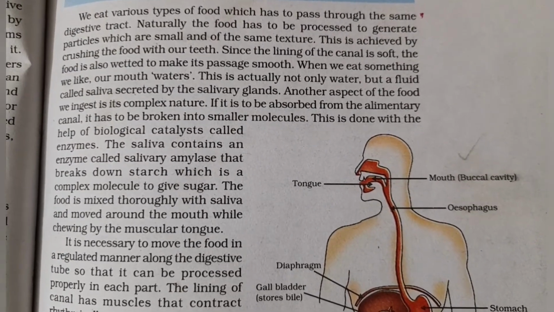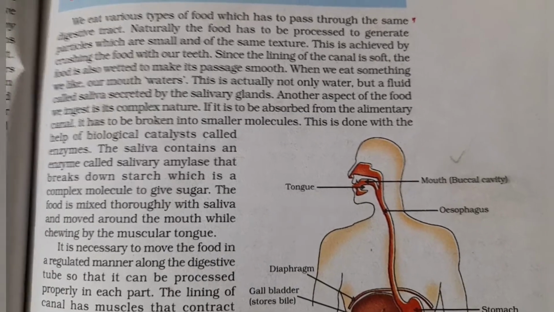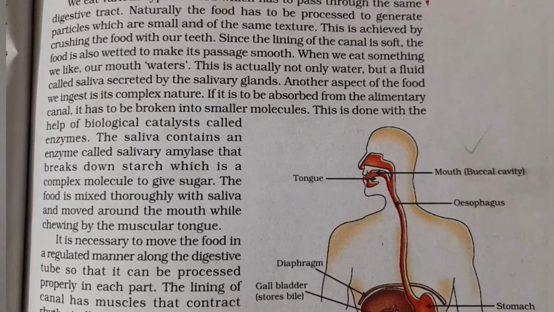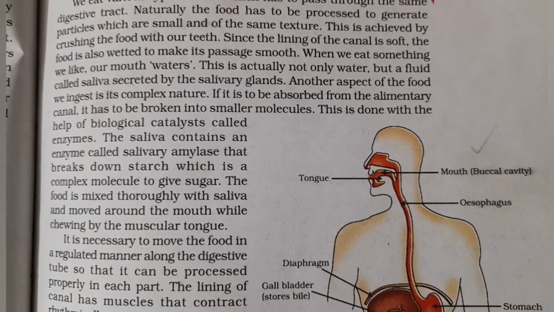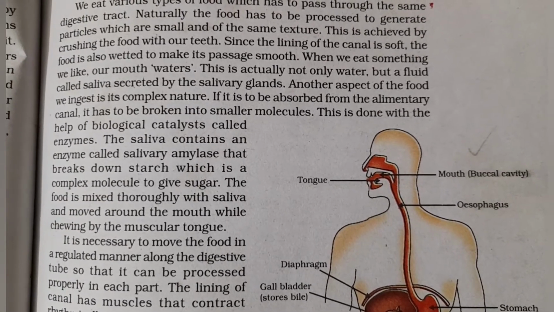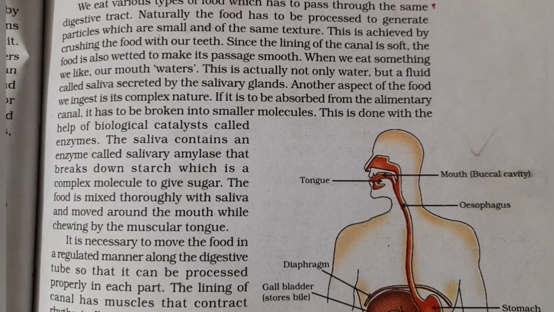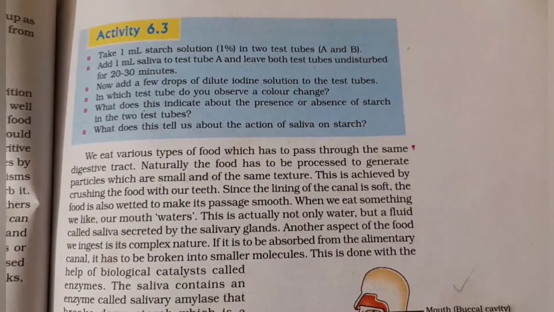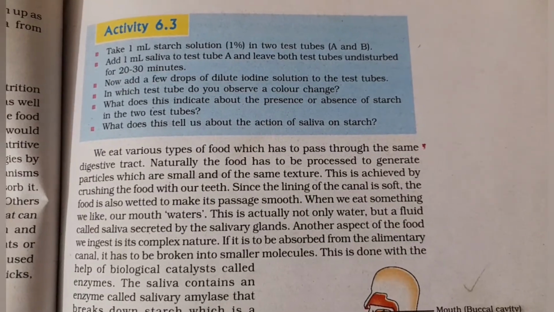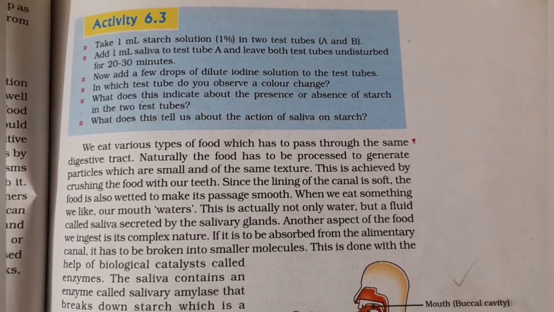This is done with the help of biological catalysts called enzymes. Saliva contains an enzyme called salivary amylase that breaks down the starch, which is a complex molecule, to give sugar. As we can see in this experiment, in test tube A, the starch was broken down by salivary amylase, which is an enzyme.